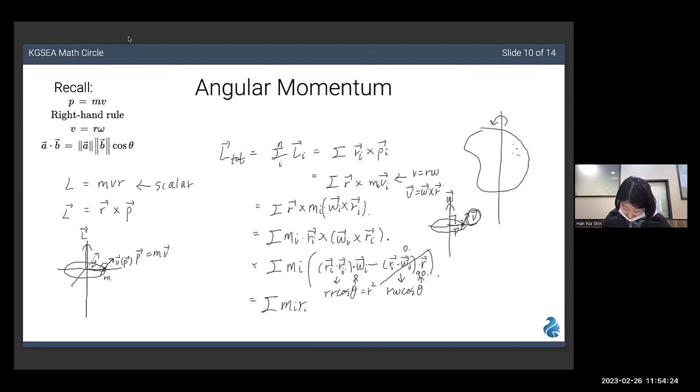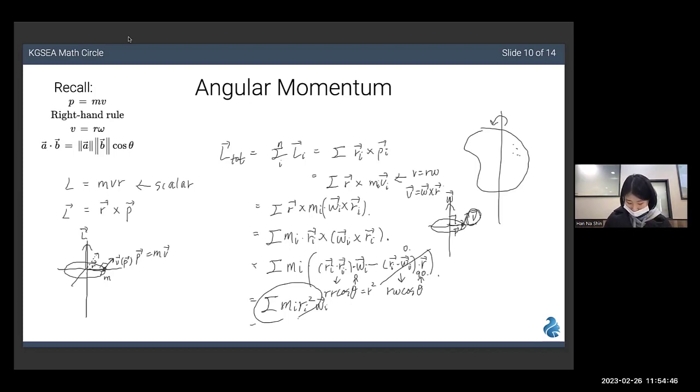r squared omega. There we go. And from our previous derivations of rotational kinetic energy, we know this. We have learned that this is moment of inertia or rotational inertia.